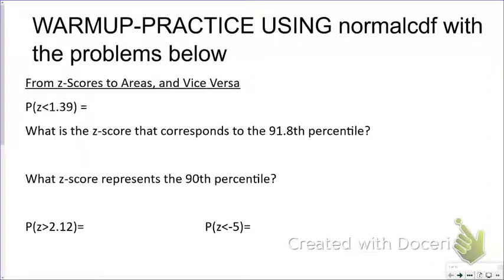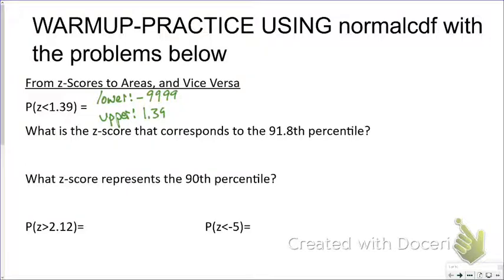I want to pull up normal CDF, and I want to get my lower to say negative infinity, and my upper to say 1.39, because I'm measuring to the left of 1.39.